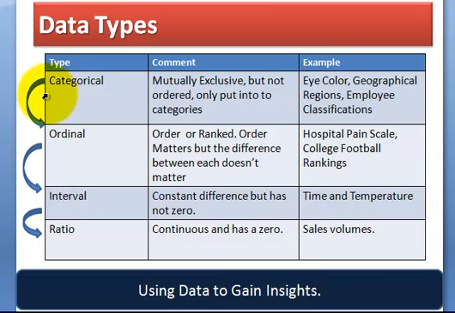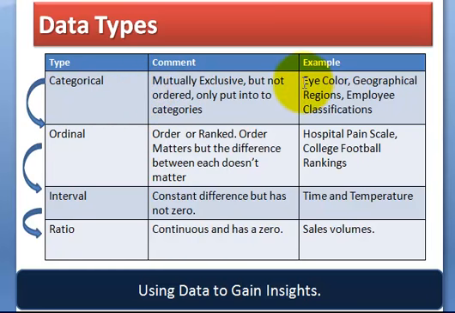Now, the reason for these categories is you always measure the data by the highest level that it satisfies. So if it satisfies the requirements to be ratio, it's ratio. But in order to be ratio, you also have to be mutually exclusive. You have to have covered all these other areas too. So categorical data is things that are mutually exclusive, but not ordered, and you can only put them into categories.